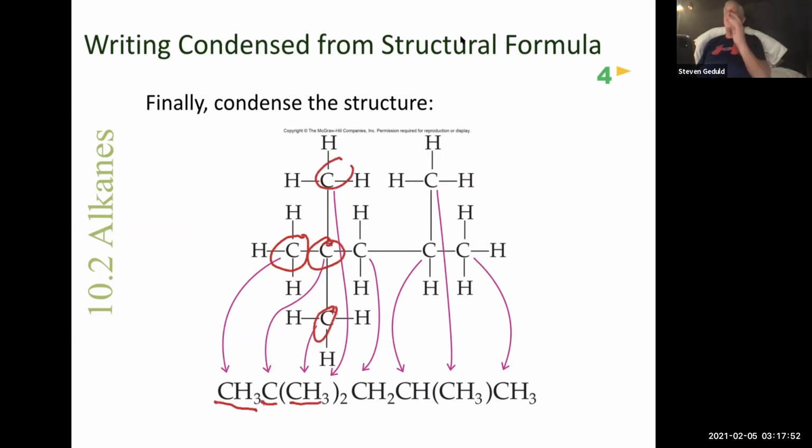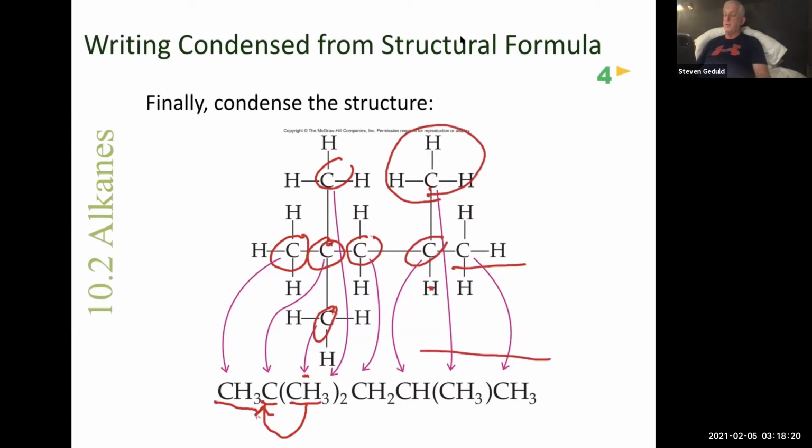When you see parentheses in a condensed formula, it means whatever is in the parentheses applies back to this carbon. So those two CH3 groups attach to that carbon. Then we had a CH2. Then we had a carbon with a hydrogen, and then another CH3 attached to it right here. And then CH3 at the end.